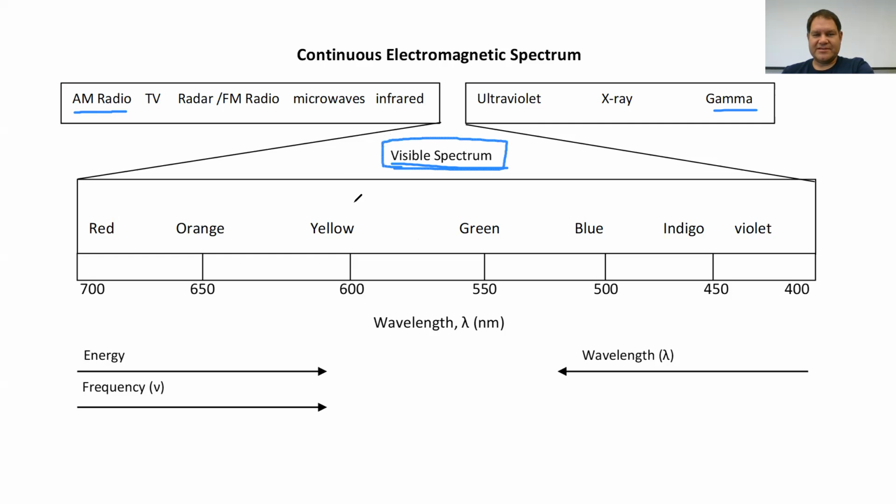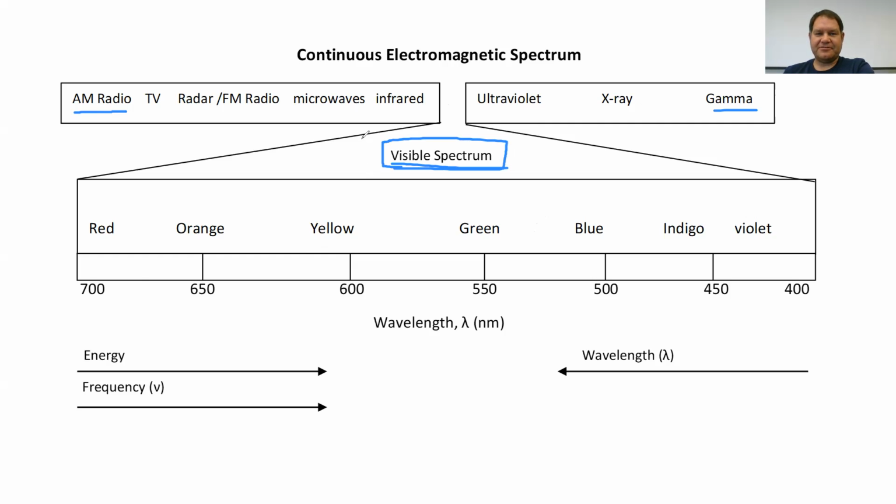This visible spectrum is what gives color to our world, and is basically because the wavelengths of these forms of electromagnetic radiation carry enough information that our brain can interpret it as a particular color. So we cannot see radio waves, we can't see microwaves or infrared or ultraviolet, X-rays or gamma, but we can see the visible spectrum waves, okay? I hope you understand that.